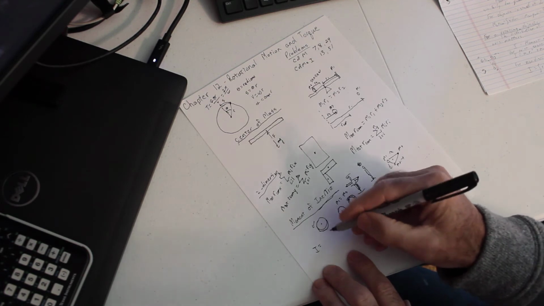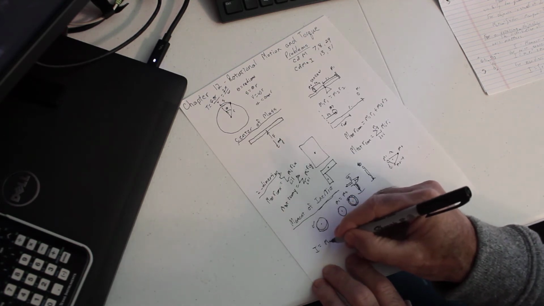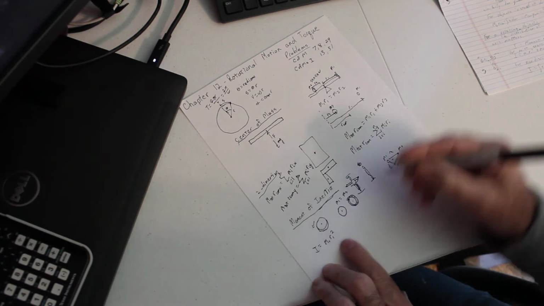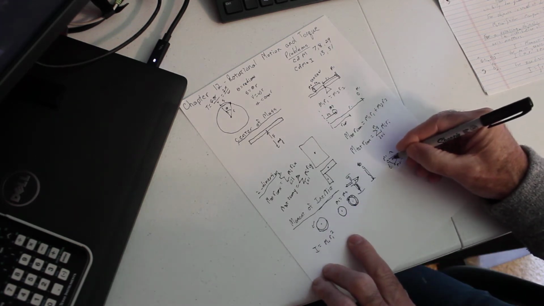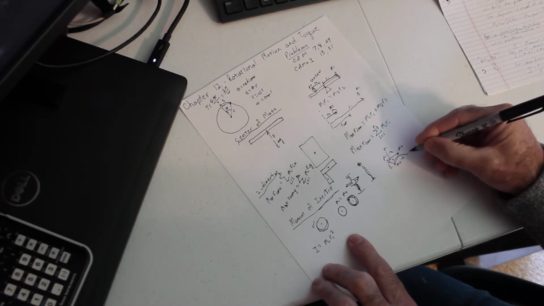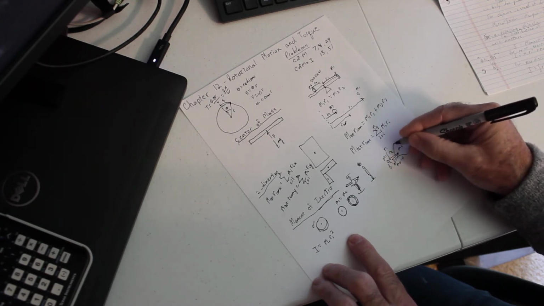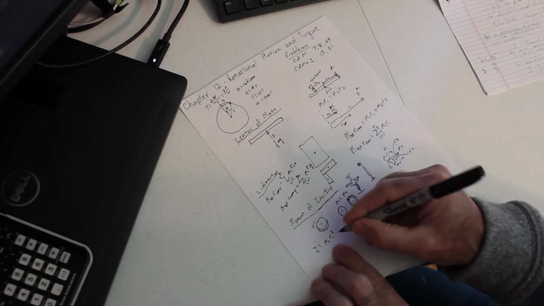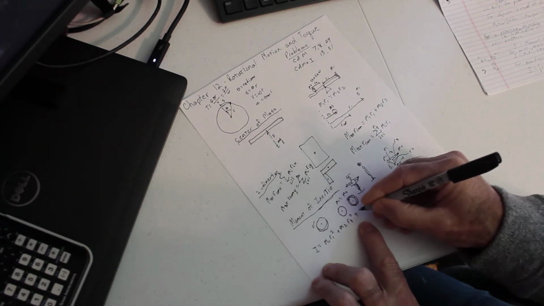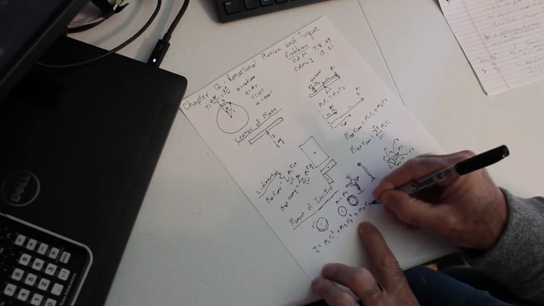Well, to do that, we say that I is going to be equal to M1 R1 squared, where R1 is the distance from the rotation axis. So this would be R1. This in here would be R2. This would be R3. Plus M2 R2 squared plus M3 R3 squared.